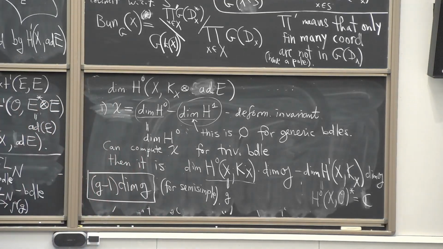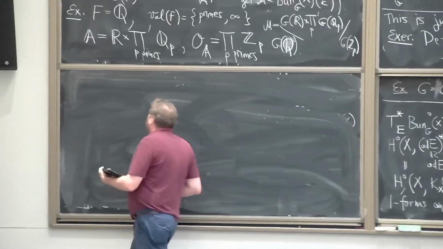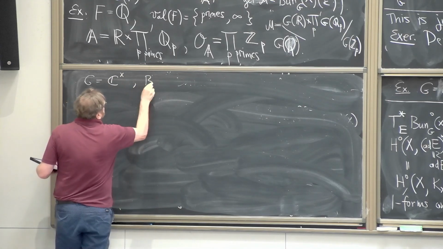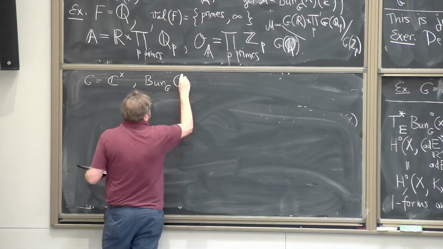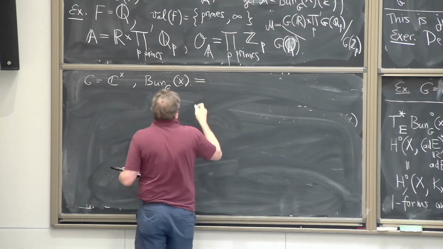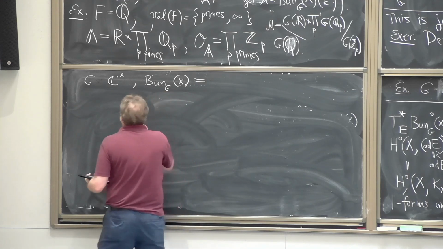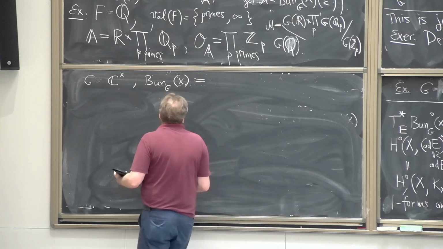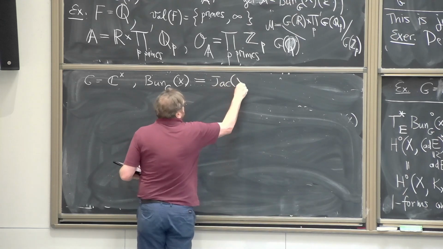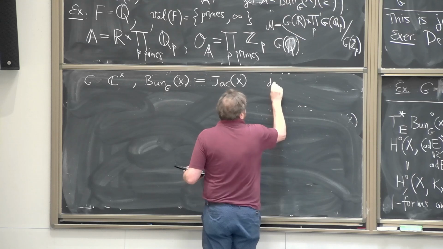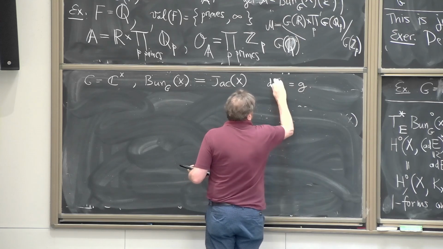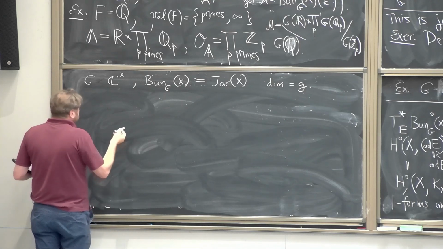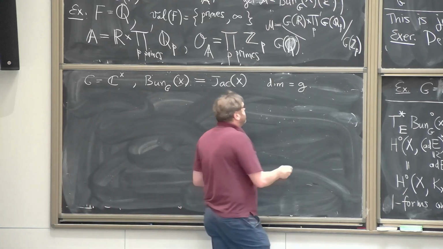And I should say that if G equals C star, then Bun_G of X is, if you forget about the automorphism groups, just the Jacobian of X, which has dimension g. So here is g times the dimension of the group.